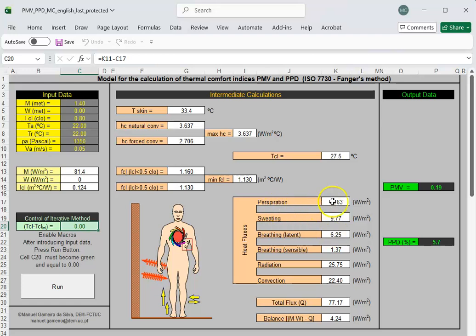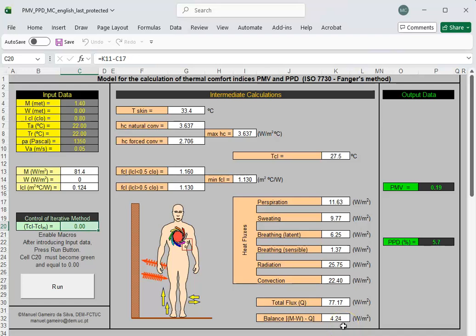The sum of all those heat fluxes is this value that we have here as the total flux, and basically here we are subtracting it from the heat generation that we have here, this value 81.4 minus this 77.17, and this gives us a positive balance.